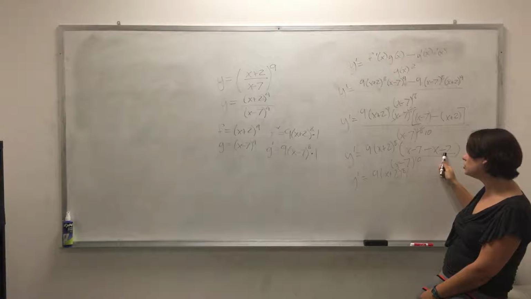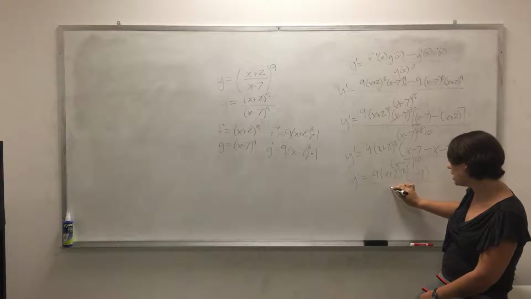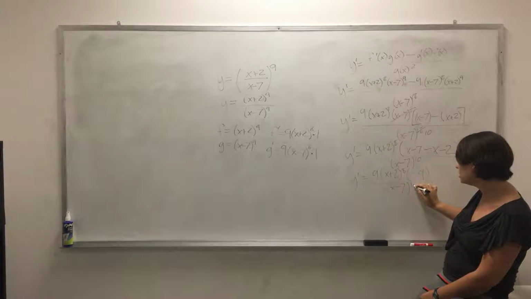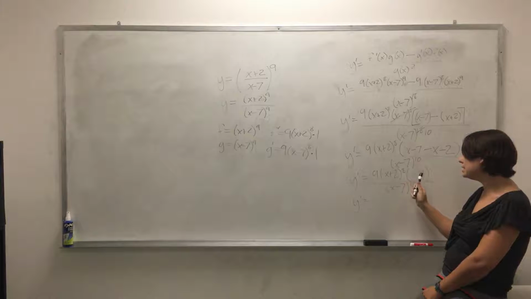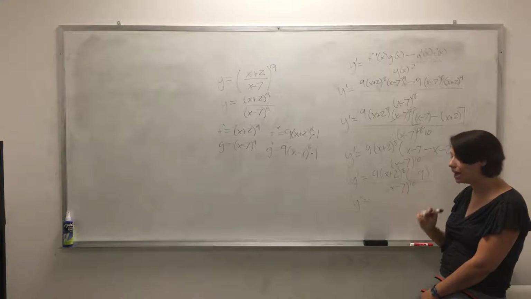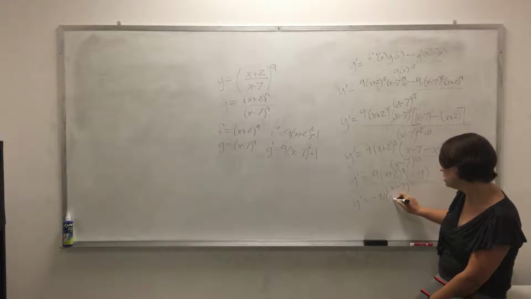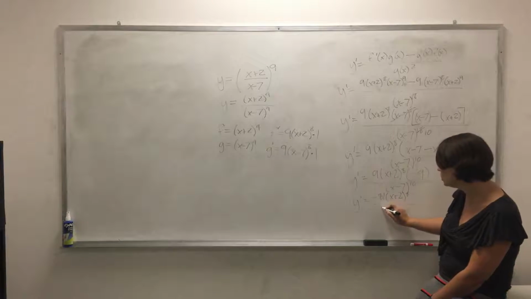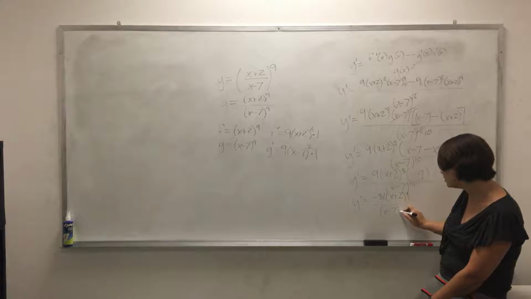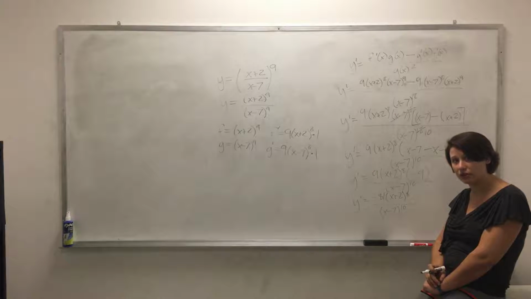Minus 7 minus 2 is minus 9 over (x minus 7) to the 10th. One more simplification. 9 and negative 9 with multiplication, here is just negative 81(x plus 2) to the 8th over (x minus 7) to the 10th. That would be our final answer for this problem.